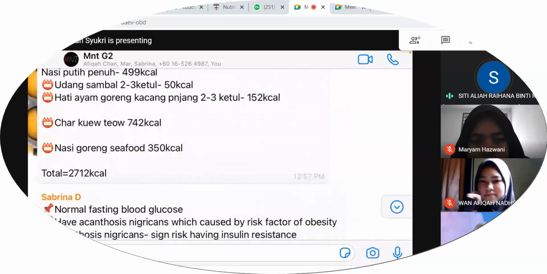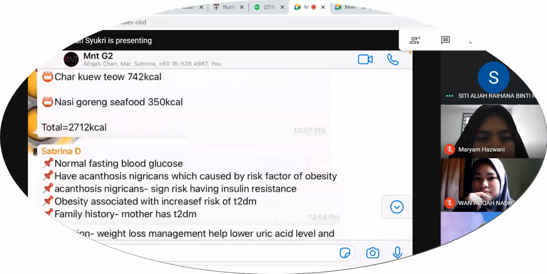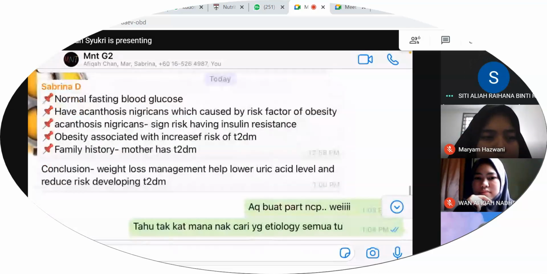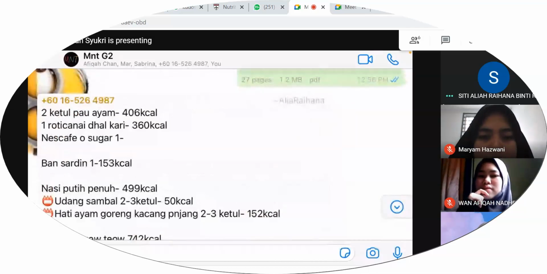Okay, all right. So you talk about the purine, right? How about Alia? You want to add on anything from the NCP that your group has presented? I want to add about the recommendation for the patient. No, not yet, I'm stopping at assessment dulu. Yeah, then nanti kita buat, because the goal here I wanted you guys to be able to present as well as to assess.